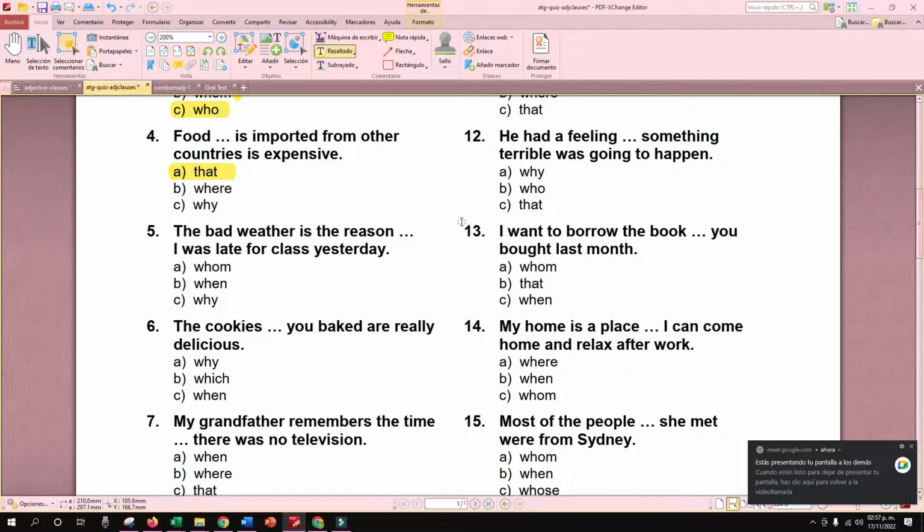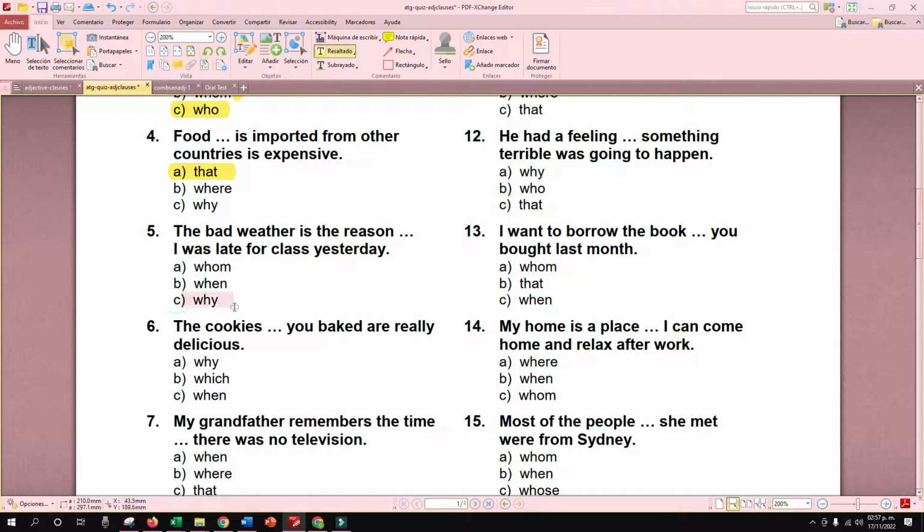Number 5. The bad weather is the reason I was late for class yesterday. So you're giving a reason there, which could be the answer. This is why. Perfect. So why I was late. So you're giving what? A reason, right?